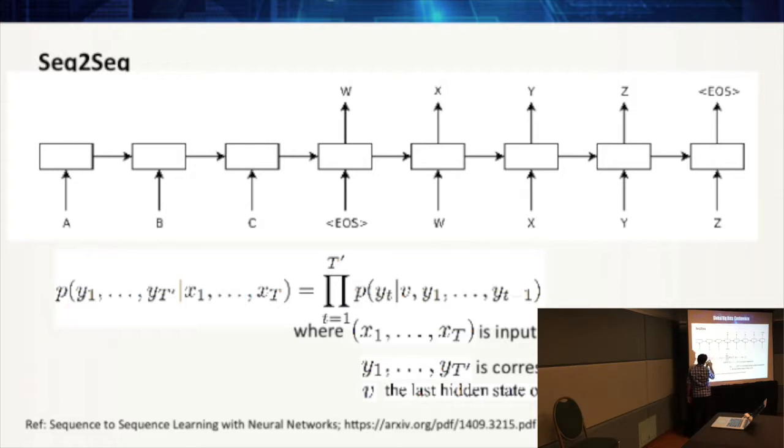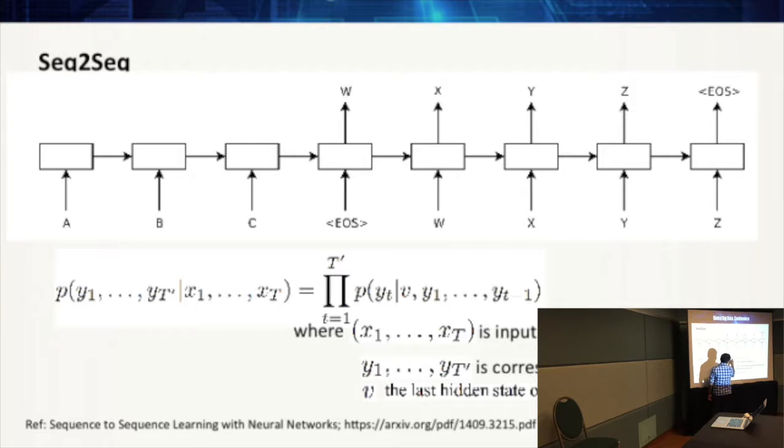Otherwise, just use the same letter, so to say t prime and t. So mathematically, what I'm trying to show here is that the probability of these being the outputs based on these inputs is very similar to, or the same as, the product of all probabilities of each word.